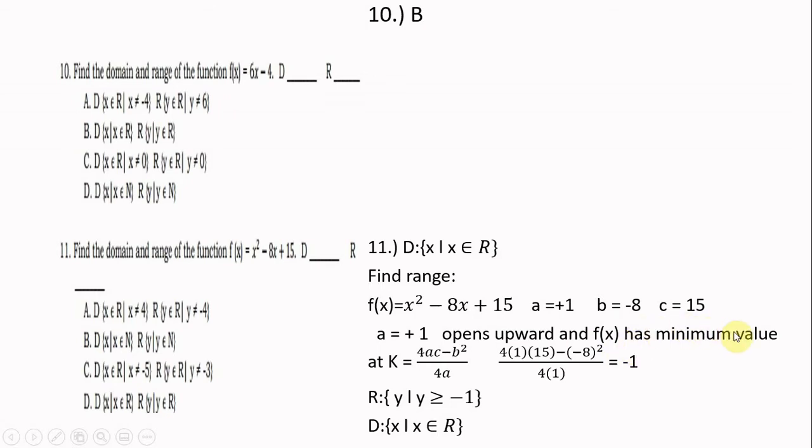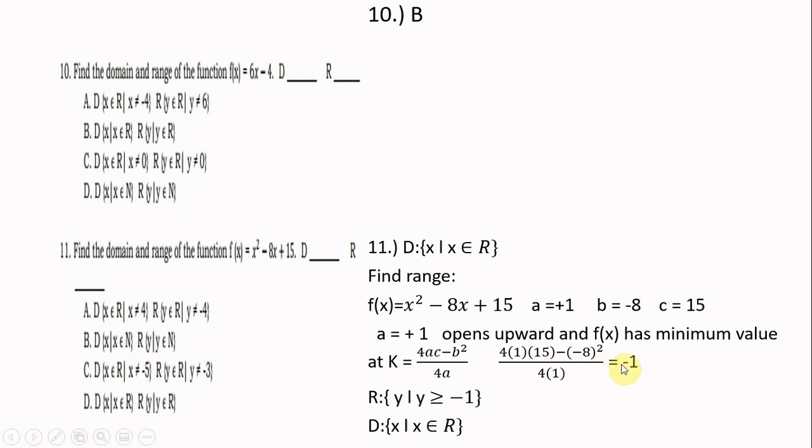So at the minimum value of the function, let's get the ordinate value of the vertex, which is k, equal to 4ac minus b squared over 4a. For our a is 1, our c is 15, minus our b is negative 8 squared over 4 times our a is 1.